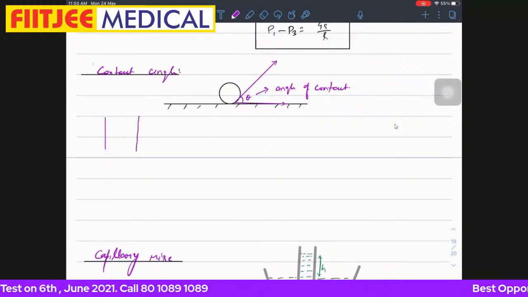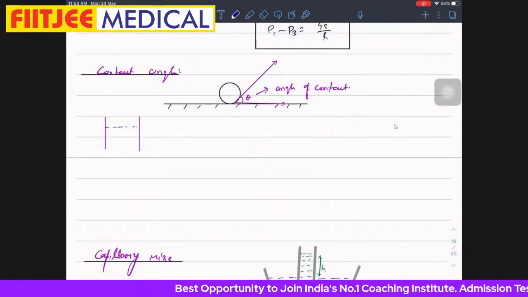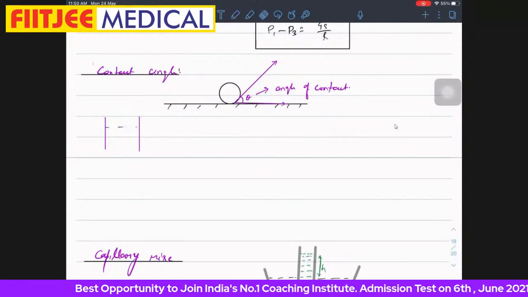Sometimes this contact angle is lesser than 90-degree, acute. So in that case, what happens? The liquid goes up.